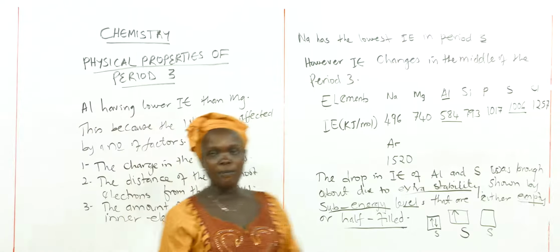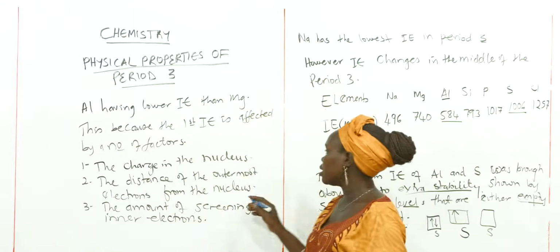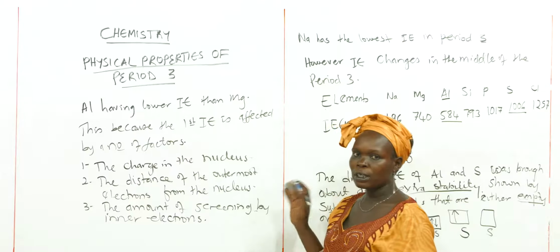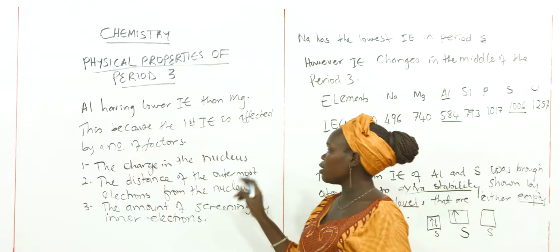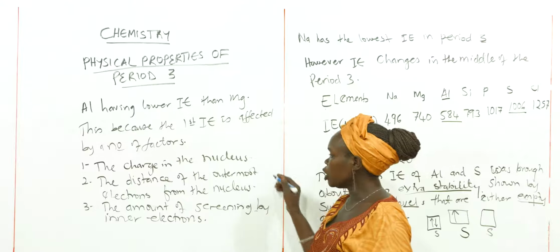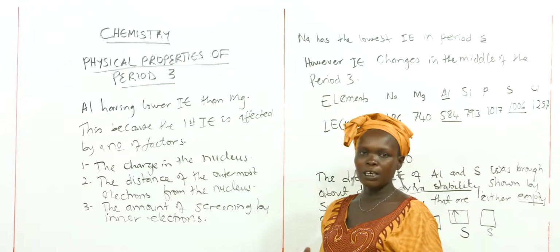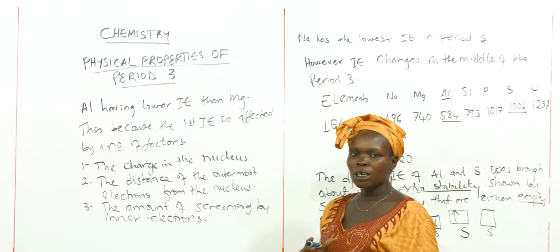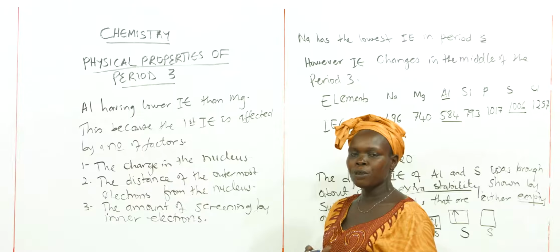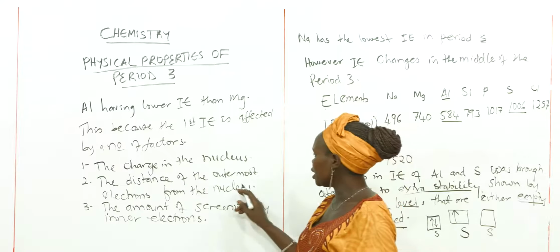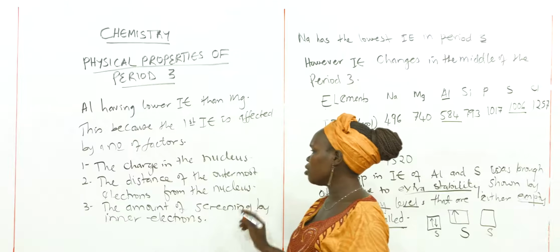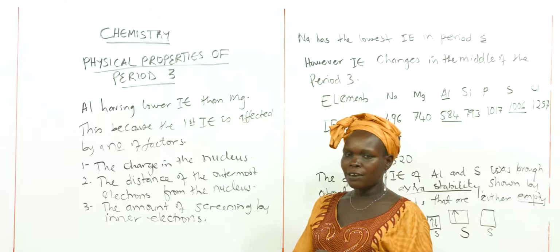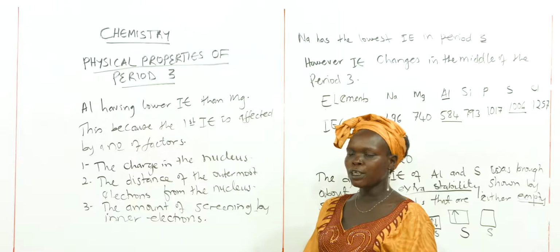So with these few factors that affect the ionization energy of aluminium or sulfur, the charge in the nucleus is one of the factors that interrupt the regular ionization energy trend of period 3. Also the distance of the outermost electrons from the nucleus causes the drop in the ionization energy in the middle of period 3.